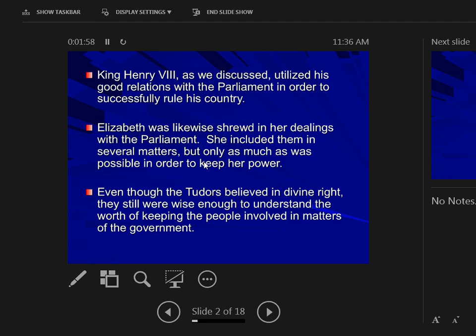First of all, the Tudors are going to be the royal family of England for a while. Probably the most famous members of the Tudor dynasty are Henry VIII and his daughters.